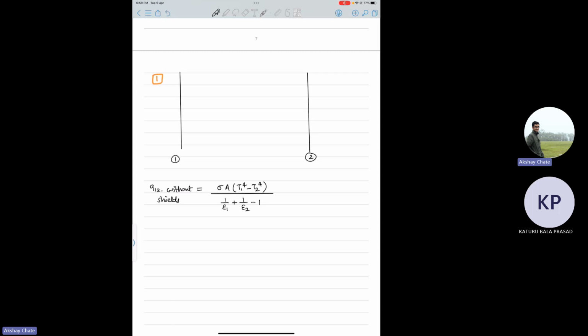But what happens when you put a shield? For example, if you put one shield like this, the shield adds its own surface resistances.